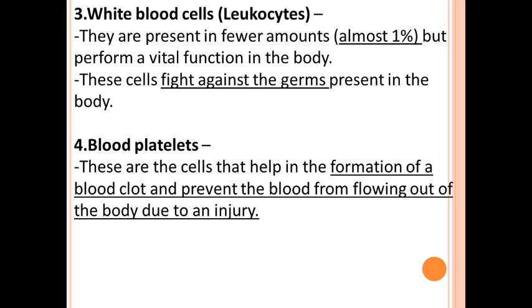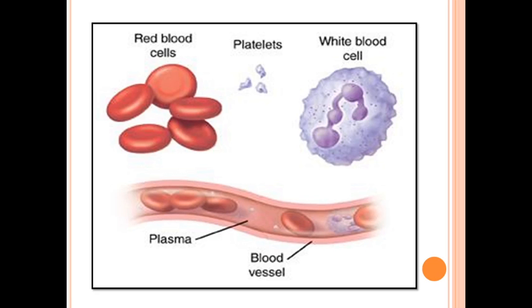In plasma, all these cells are present, meaning your RBC, your WBC and blood platelets flow through the plasma. You can see here the plasma, the liquid part where the RBC, platelets and WBC are flowing through the blood vessels.